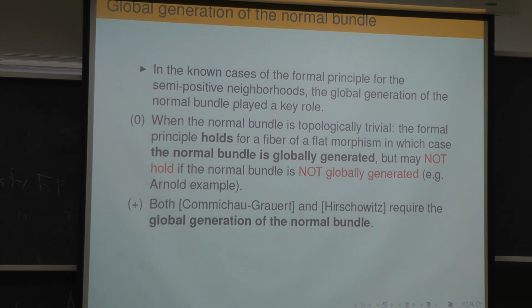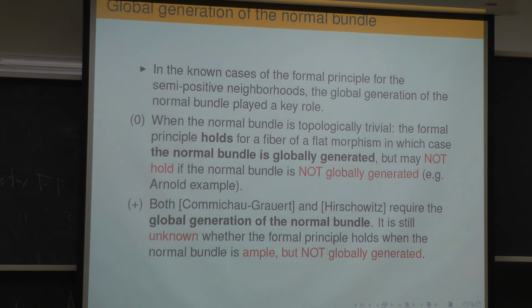And also the results of Commichau, Grauert and Hirschowitz all require global generation of the normal bundle. It is still not known whether the formal principle holds when the normal bundle is only ample but not globally generated. So it seems that global generation is a key property here.